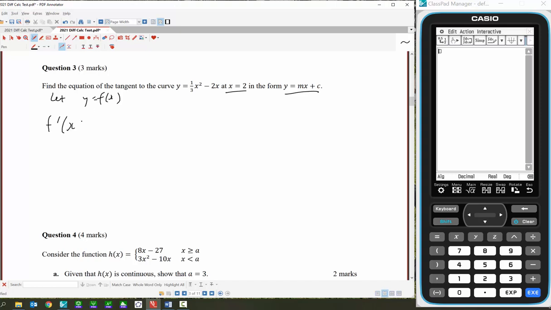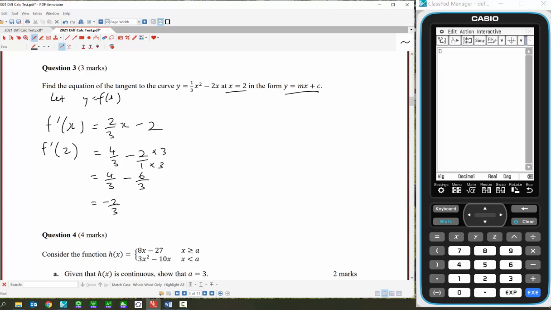F dash x equals 2/3 x take away 2, and let's do f dash 2. That's going to be 4 on 3 take away 2, which is 4 on 3 take away 6 on 3, negative 2/3. So the gradient of the tangent at x equals 2 is negative 2/3.